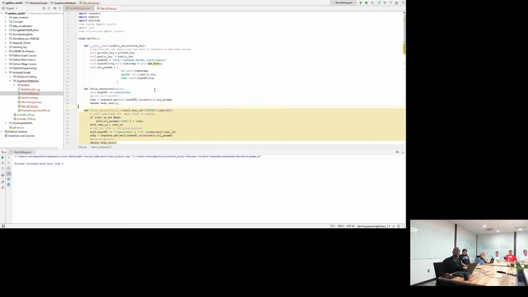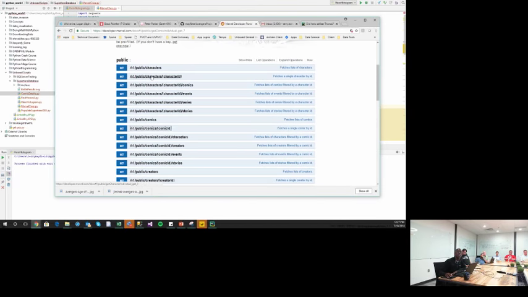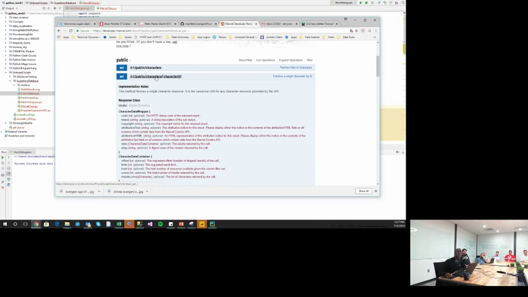Okay. So what I did was I set up a class that has a series of functions that connect to the different endpoints on the Marvel API. For example, I have a function that pulls all of the information related to characters.